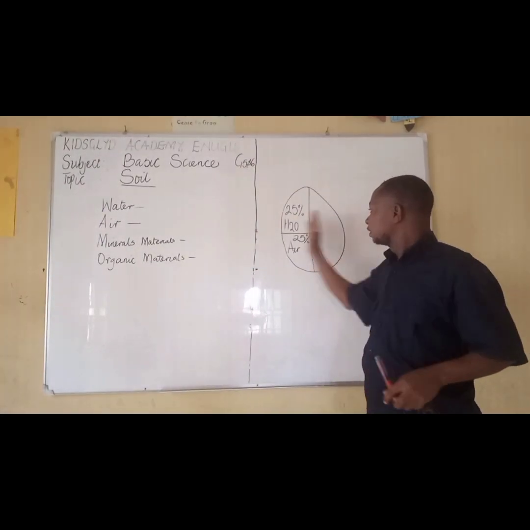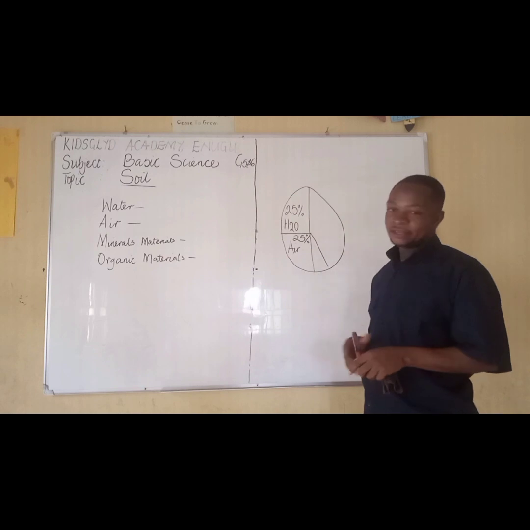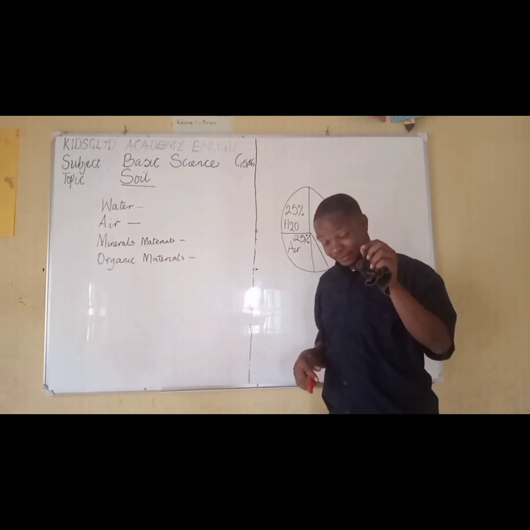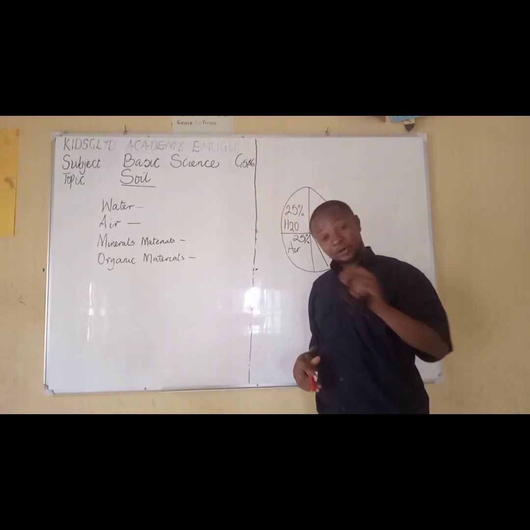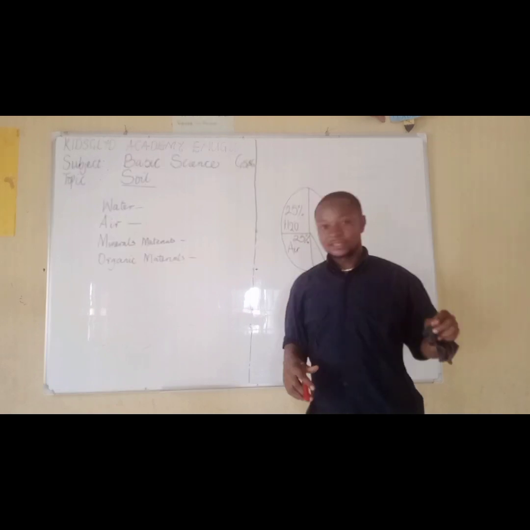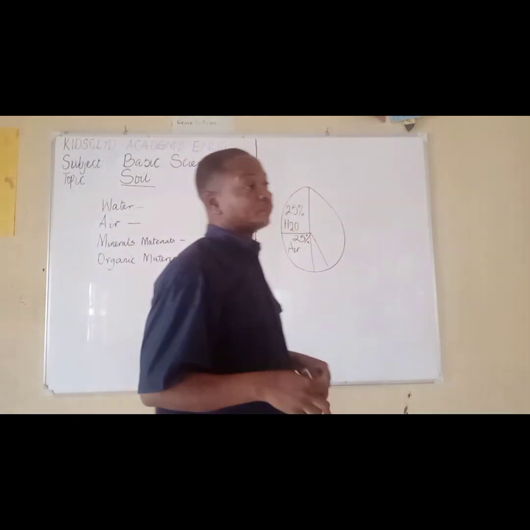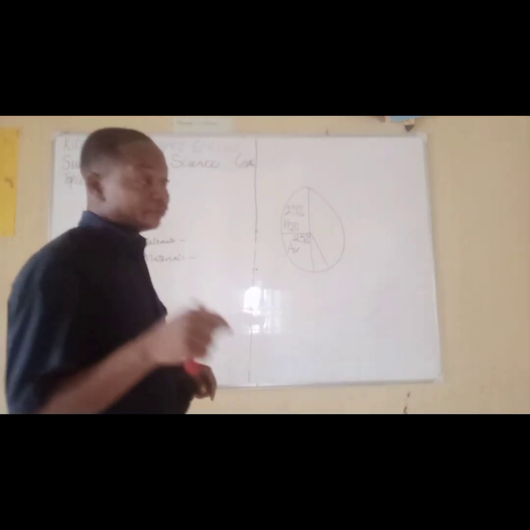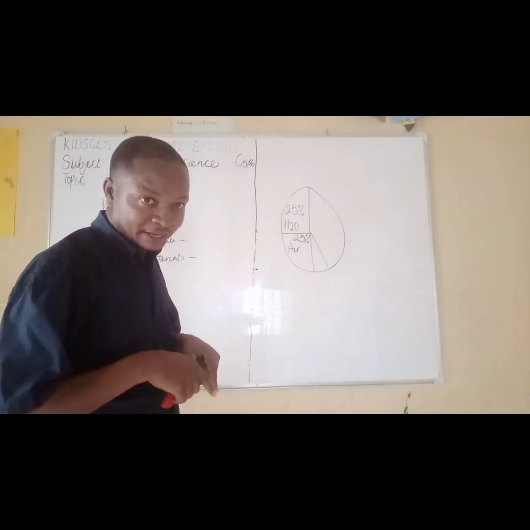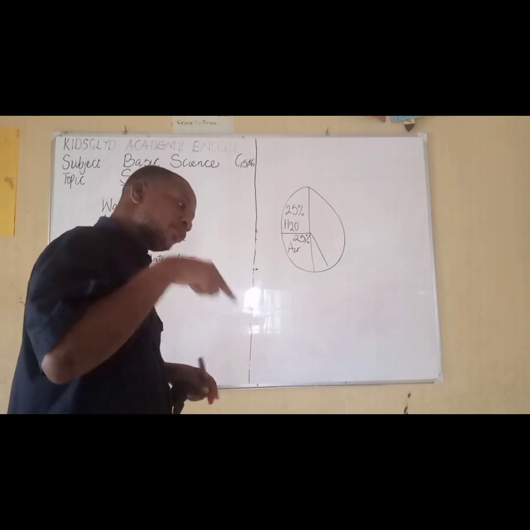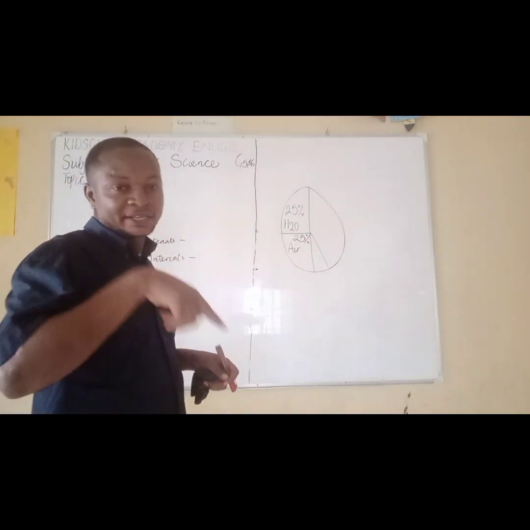Half of it is for water and air, to let you know how important it is. If there is no water to drink and no air to breathe, then it's as good as being dead. That is why even aquatic animals, for example fishes, live in the water, there's still air inside water. That is why they are able to survive.